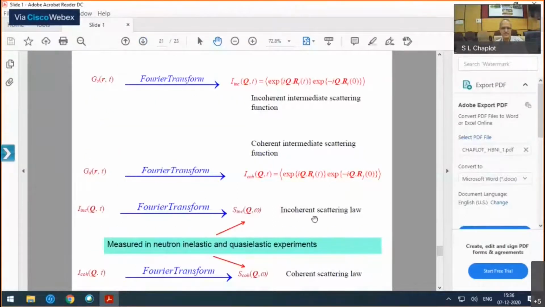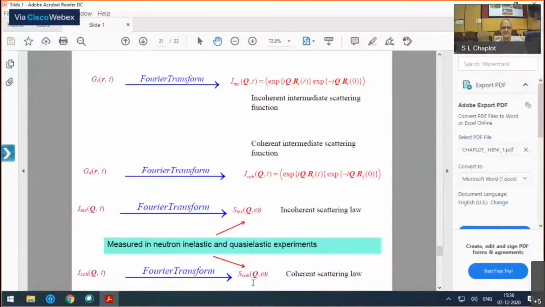And you have the two scattering laws. This one comes from the Fourier transform of the self correlation function, which gives the incoherent scattering. This one comes from the Fourier transform of the distinct correlation function.